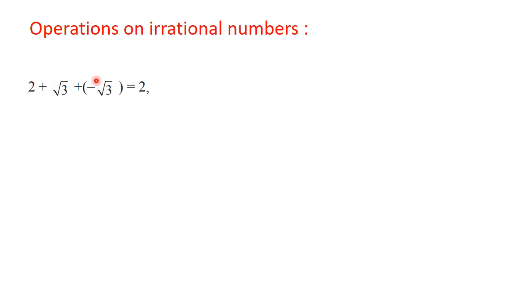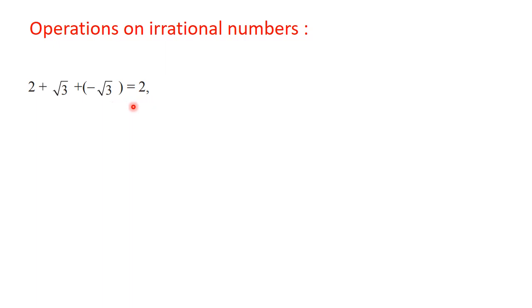This, 2 minus root 3, is also an irrational number. And if we add them, the plus root 3 and minus root 3 get cancelled and we get 2, which is a rational number. So here we can say that addition of two irrational numbers is not always irrational. It can be rational also.